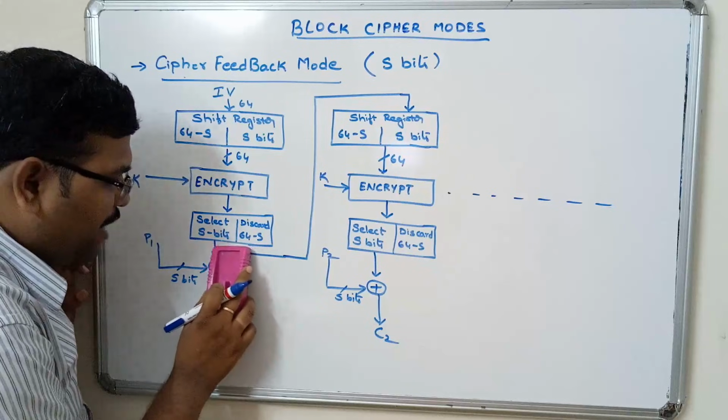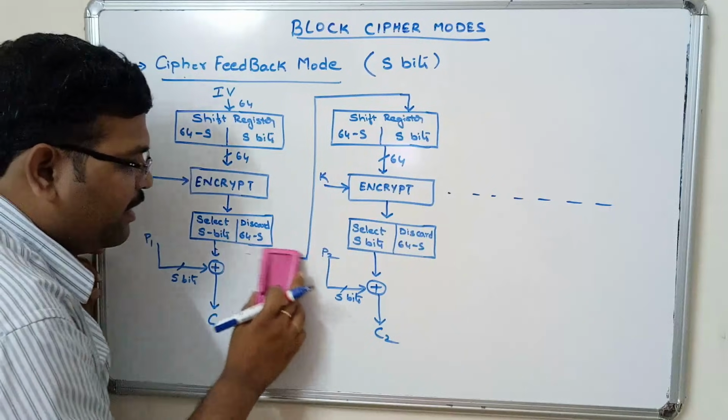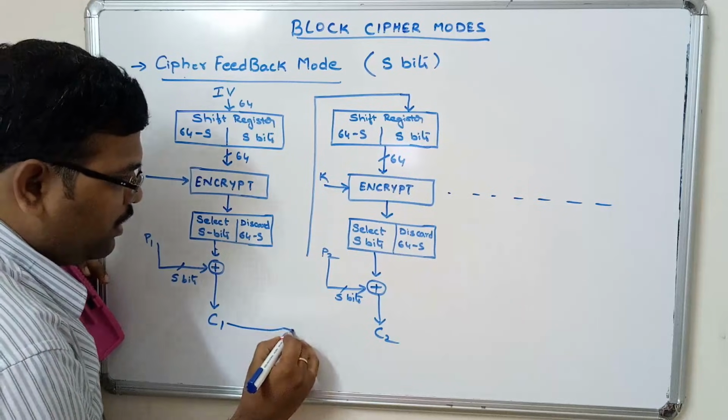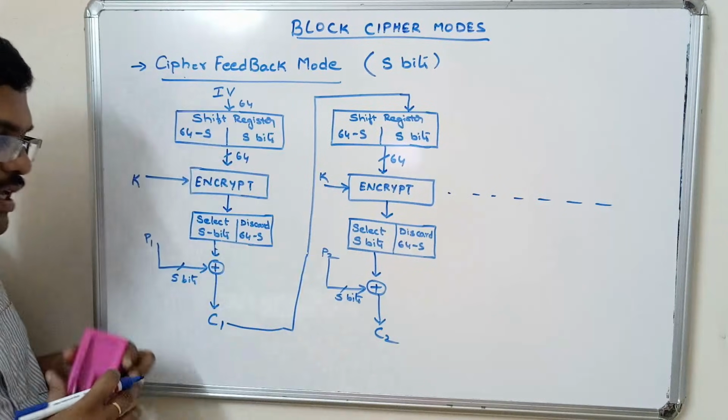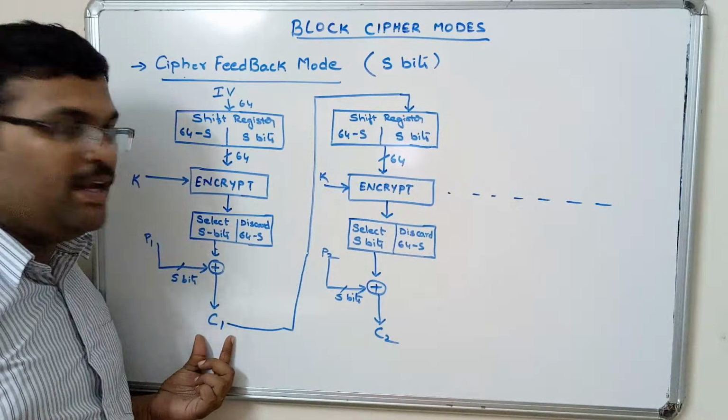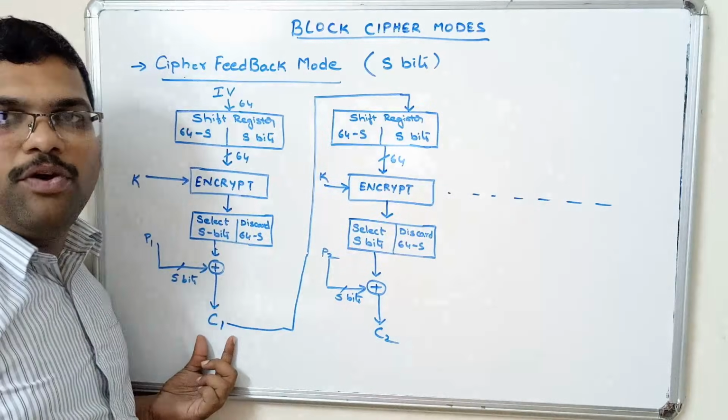Now we have to give a chaining, not the output, but we have to give the ciphertext as feedback, as input to the next block.